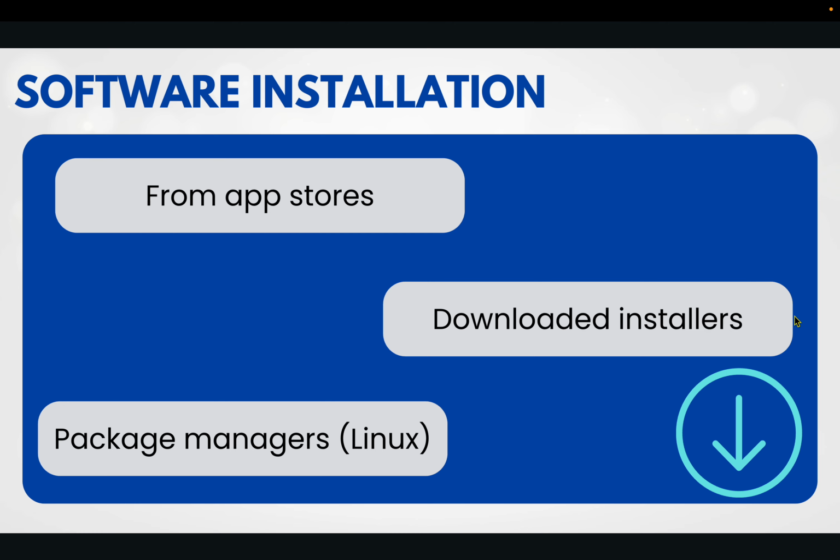And if you have Linux, they have their system called a package manager, which is similar to pretty much an app store, but for Linux. And that's how you get your software. So typically, you're going to get your software from like the Windows Store or the Apple Store, or you're going to download it straight from the web browser.